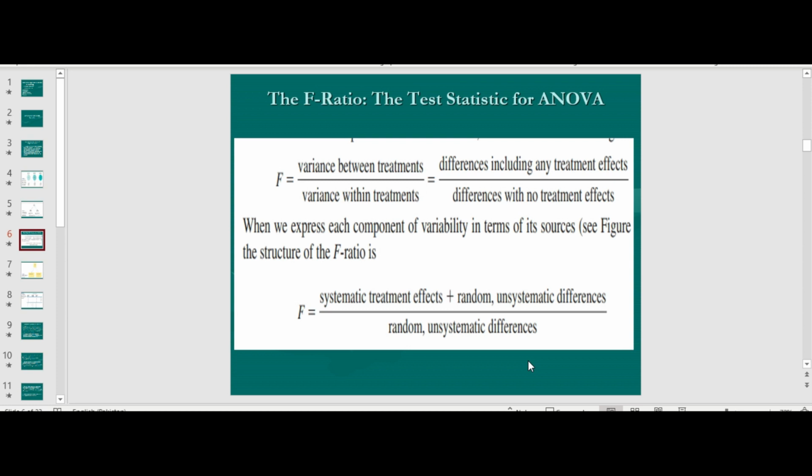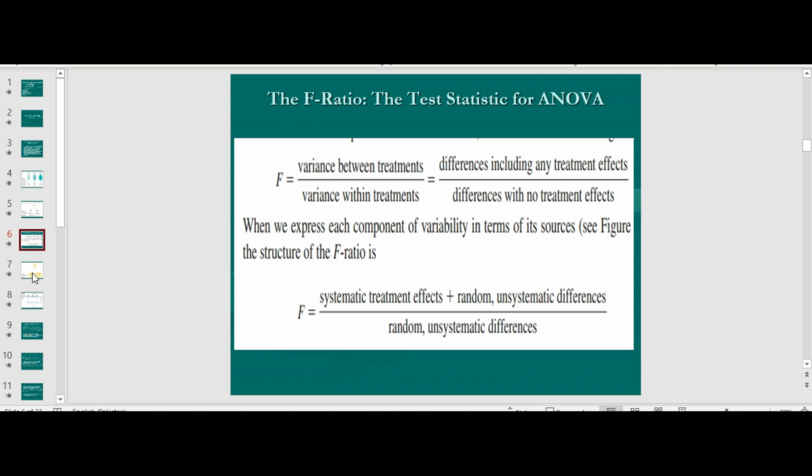In this case, the numerator of the F ratio should be noticeably larger than the denominator, and we can conclude that there are differences between the treatments, and the treatment has an effect.